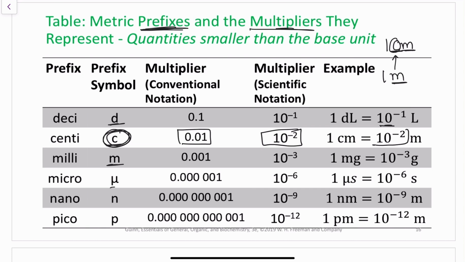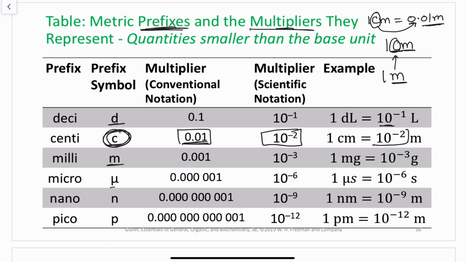So I can say 1 centimeter is equal to 0.01 meter, because I just converted the prefix into a number. Instead of writing c, I'm writing 0.01, which is its value, right? So that means 1 centimeter is less than a meter. This is how we normally use the prefixes.